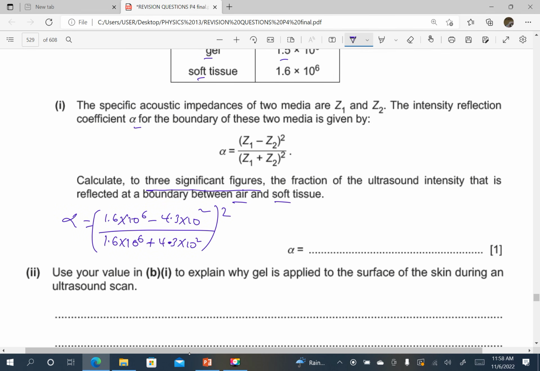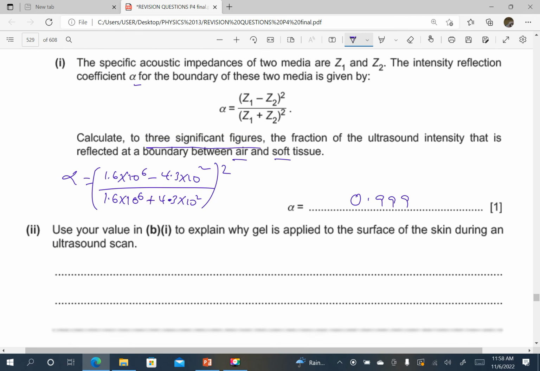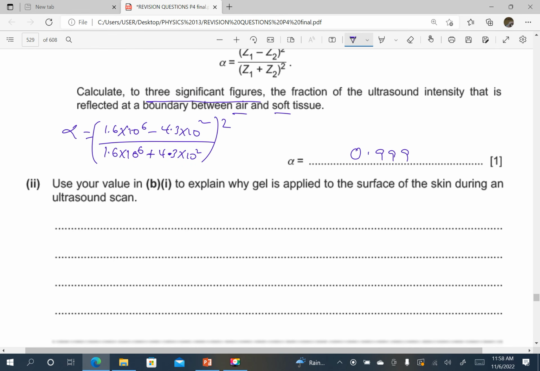From my calculator this is 0.999 to three significant figures as required.